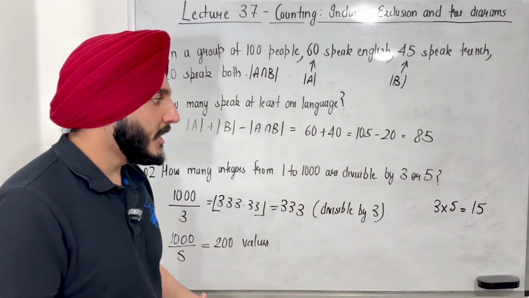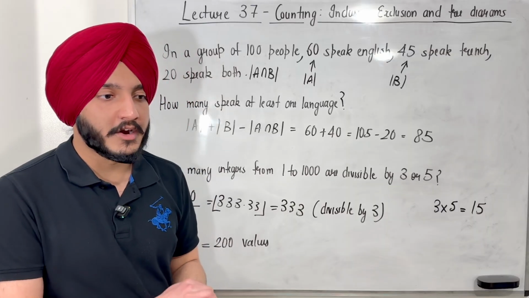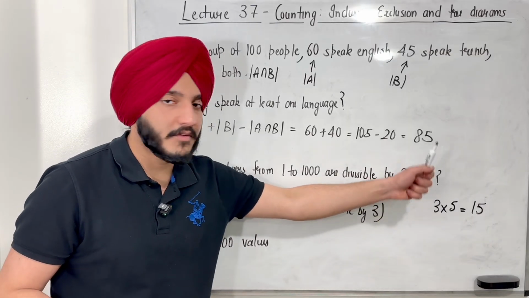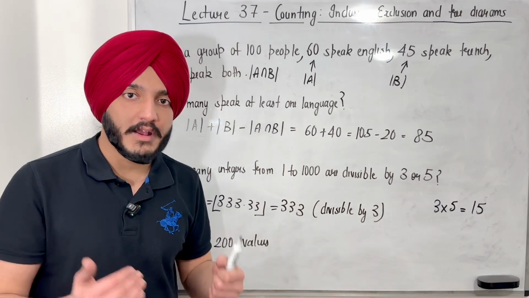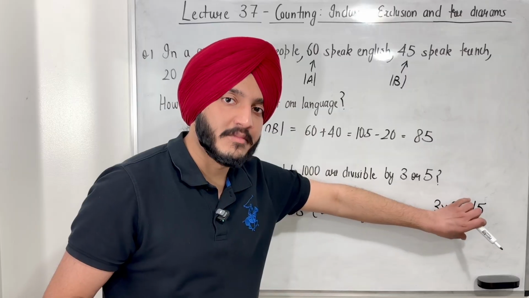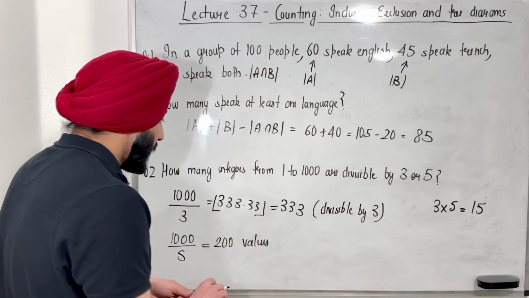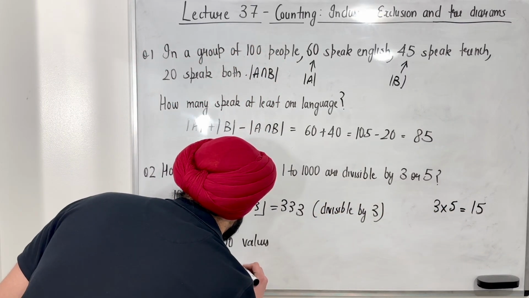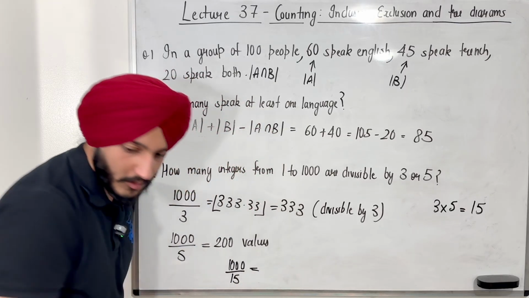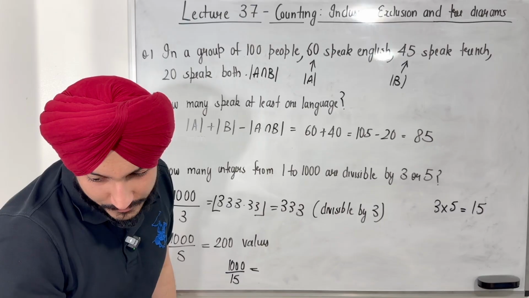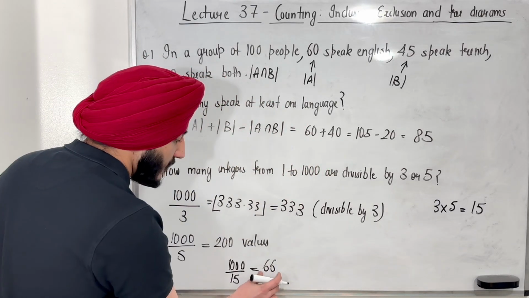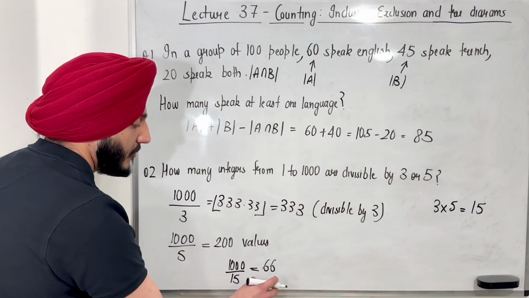The basic idea is I need to find values that are divisible by both 3 and 5. If anything is divisible by 15, it has to be divisible by 3 and by 5. So if I do 1000 divided by 15, this gives you almost 66.